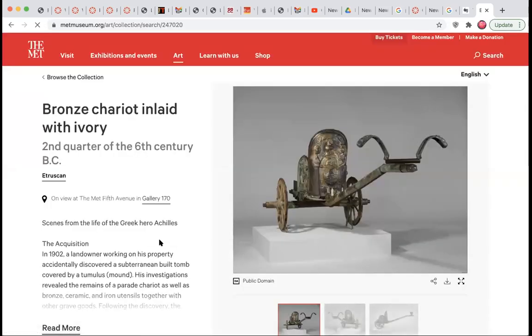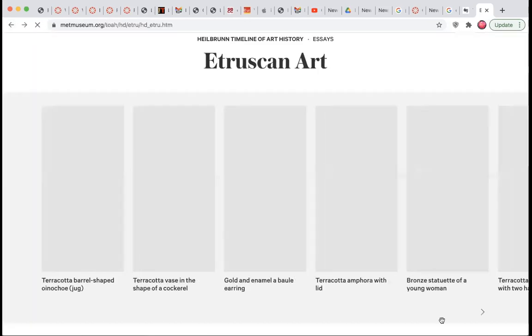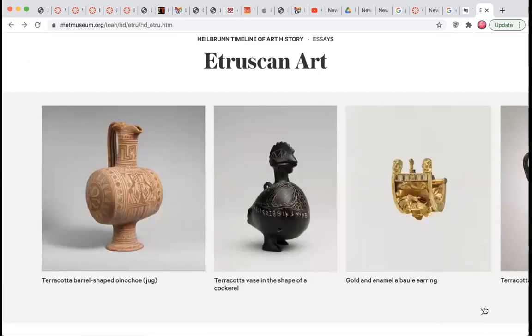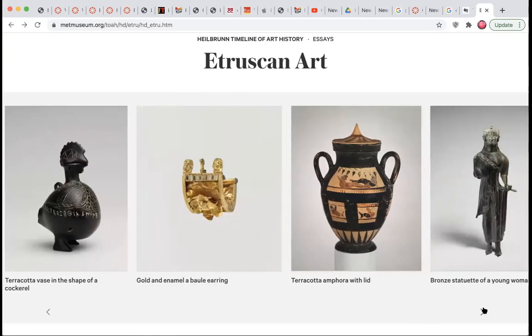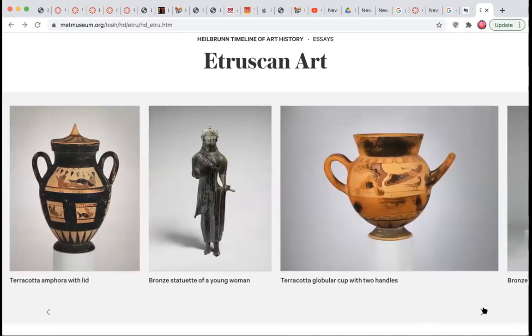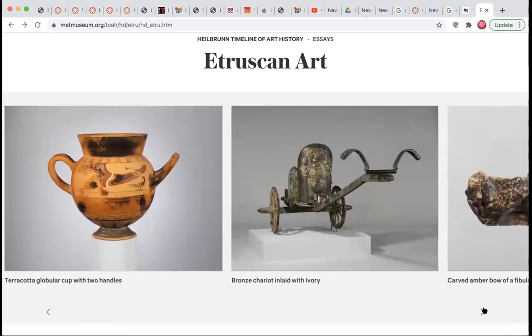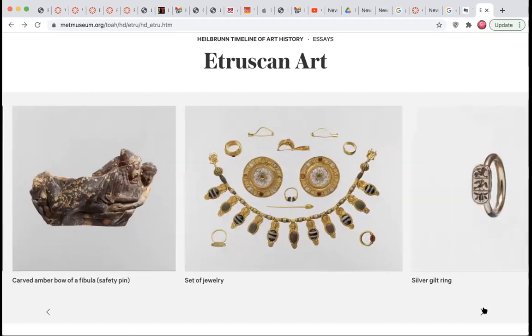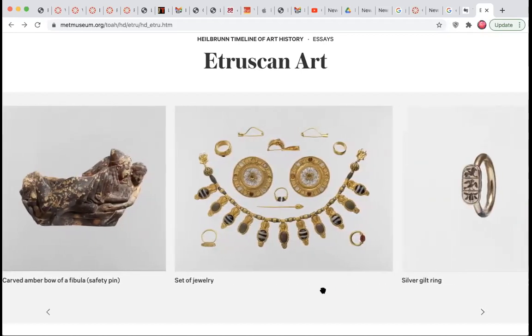Here's a set of, oh, stop it. This is like so sensitive. Let me just cruise over here. I want you to see the jewelry. So here's a set of jewelry. And look at the inlaid stone in stripe and solid that you see, semi-precious stones.